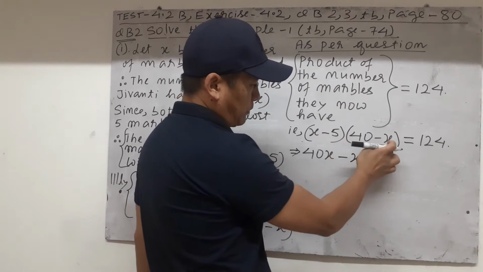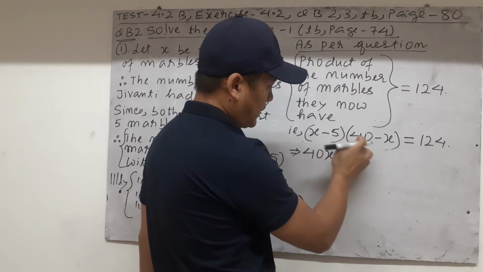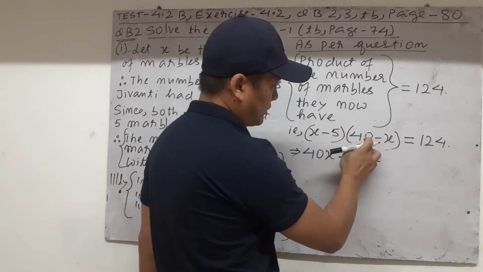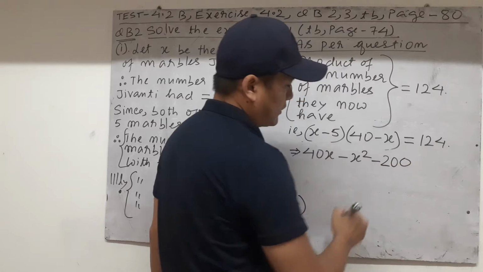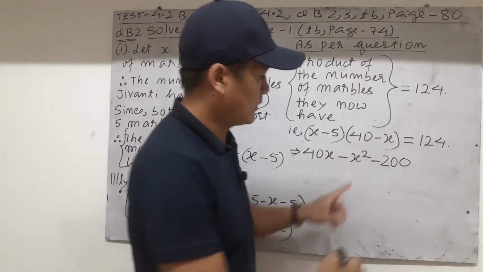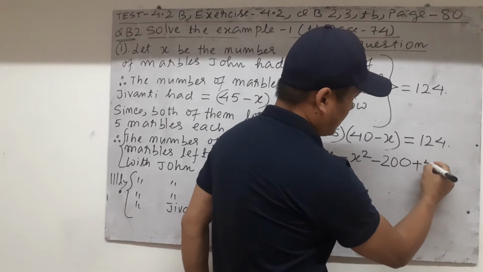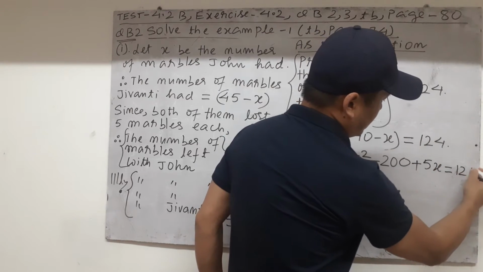Since this has multiplied both terms, now you can go to the next term here, minus 5. So minus into plus, minus, and likewise you multiply this to both these. 5 zeros are 0, 5 fours are 20, so 200. 5 into 40, 200, and minus into minus, plus 5 into x, 5x, and here the equal sign, 124.